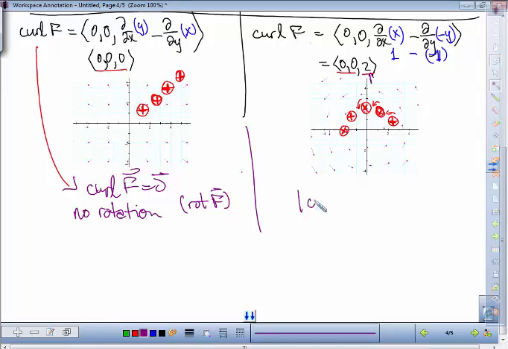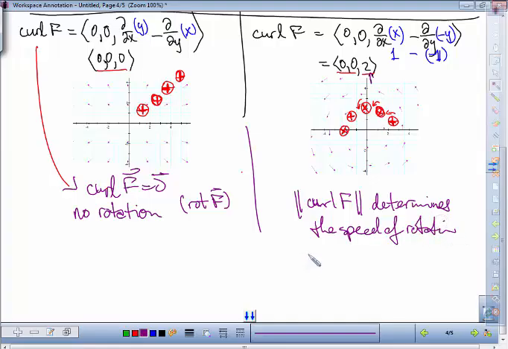So the magnitude of the curl determines the speed of rotation. And the curl itself is a vector. It determines the direction of rotation, using your right-hand rule.